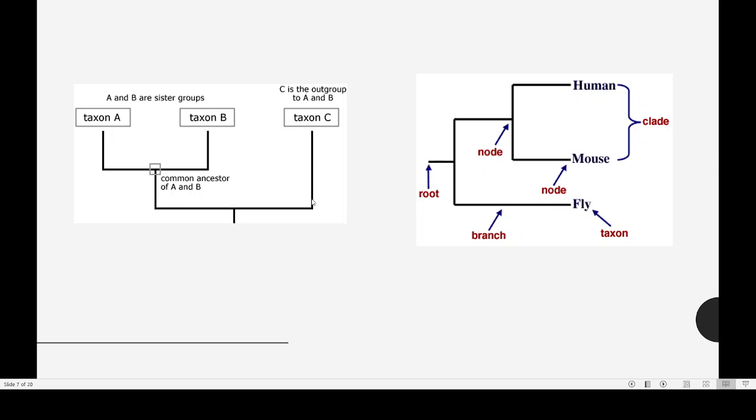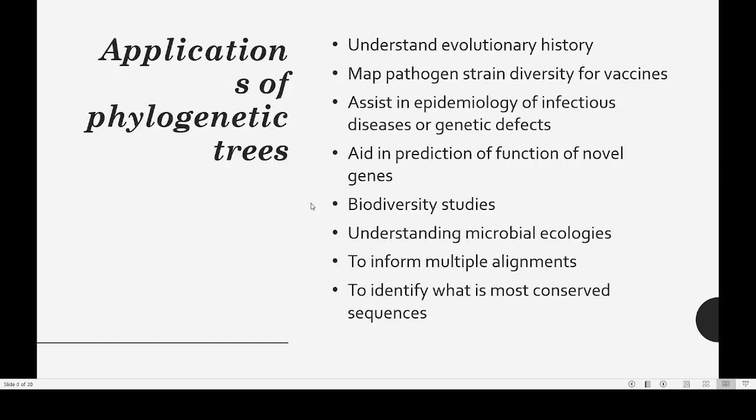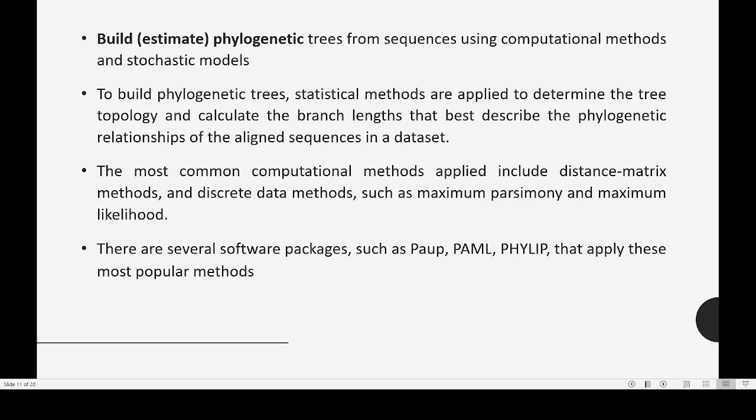This branch has a longer branch length. So those kinds of points have to be estimated. Then the most common computational methods applied are the distance matrix method, discrete data methods such as maximum parsimony and maximum likelihood. These two are a completely different topic. We will be studying that.